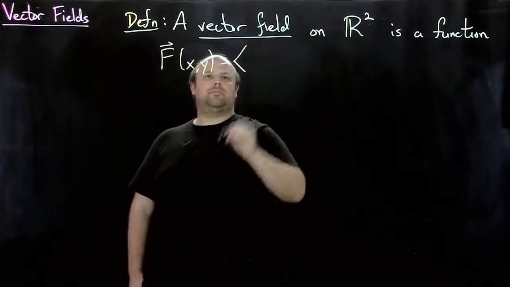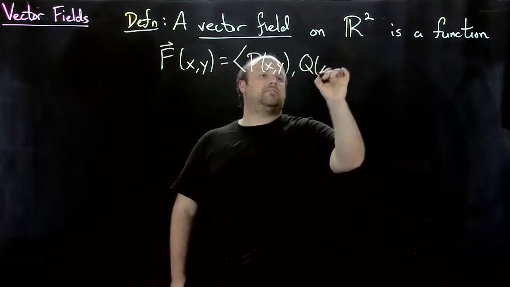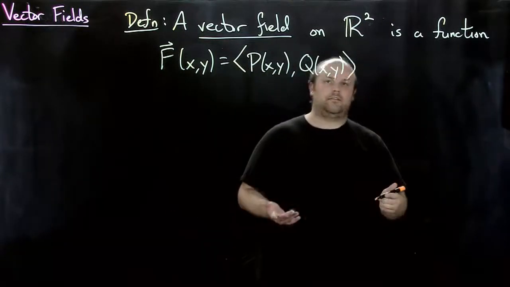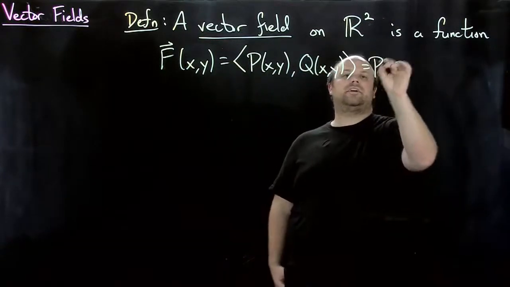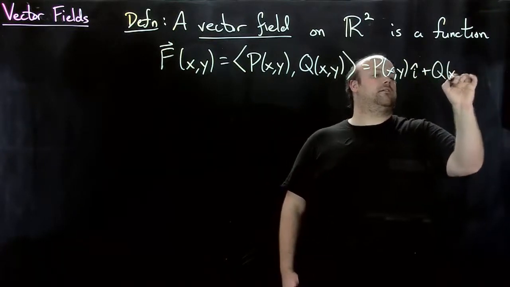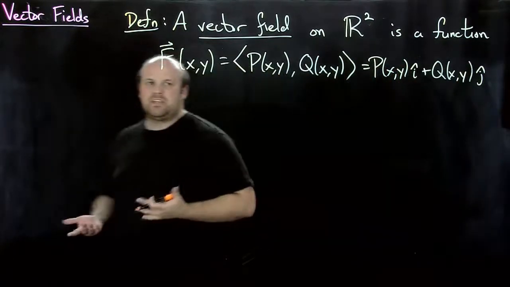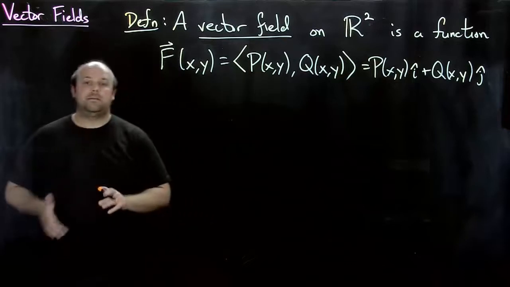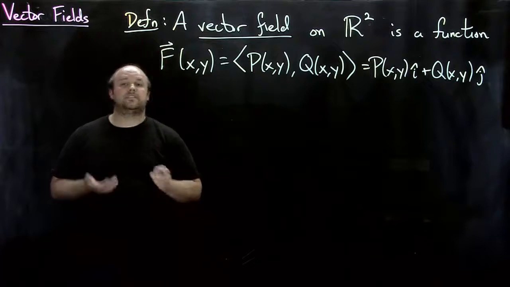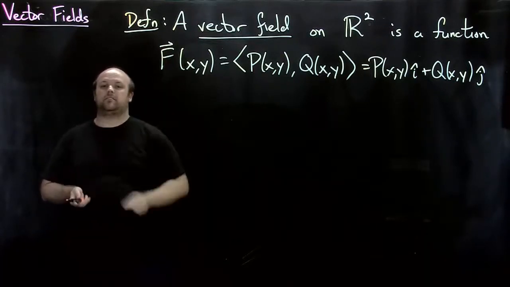This is going to output a vector with two components, both of which depend on x and y. Or you could write this, if you like, P of x, y i plus Q of x, y j. Either one, it doesn't matter, whichever you like. So that's a vector field on R2. It takes a point in the domain of R2 and sticks a 2D vector on it.